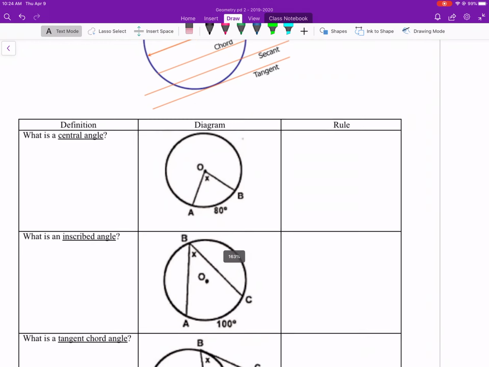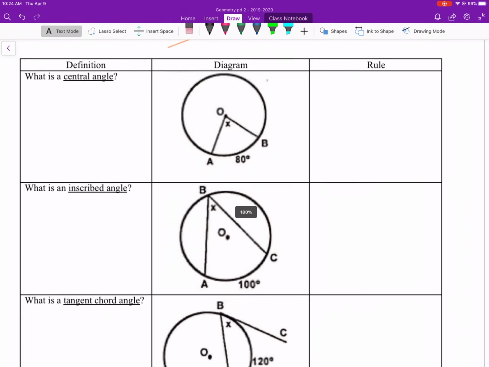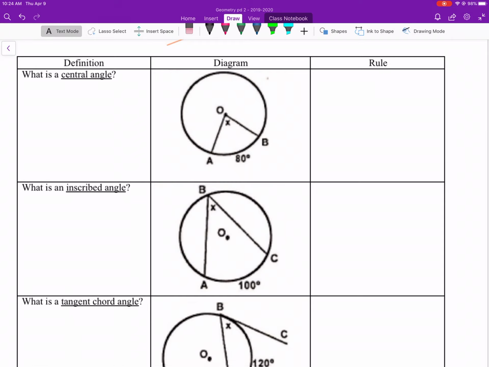Central and inscribed angles, those are the two main ones today. What is a central angle? Well, it's essentially an angle that's formed by two radii, two radii of the circle coming and meeting. And where do they meet? They meet at the center.